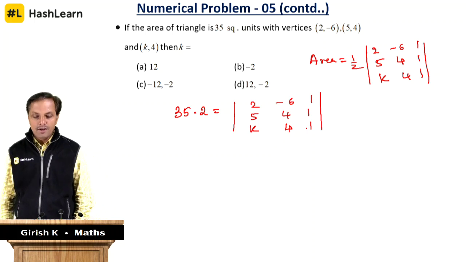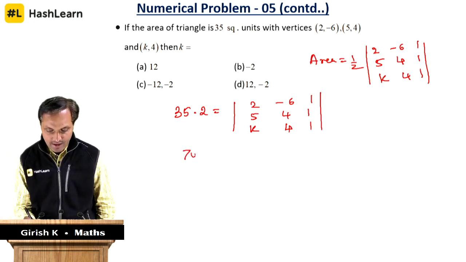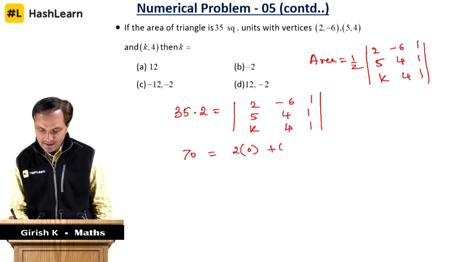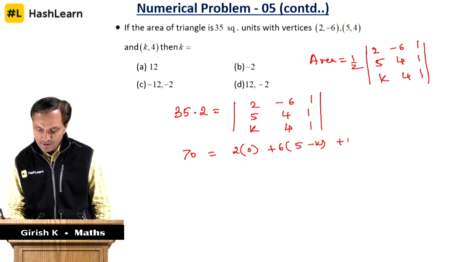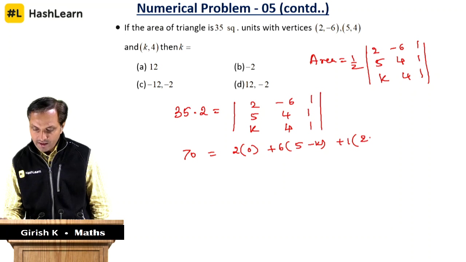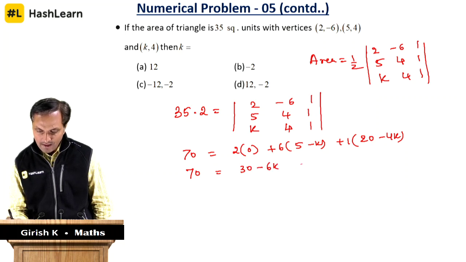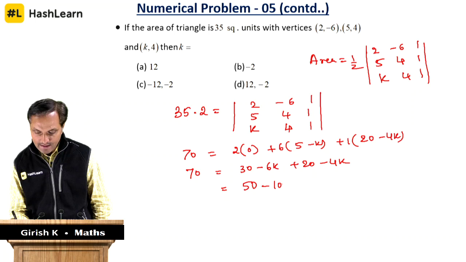If you do the simplification, this is 70. That will give you 2 into 0 plus 6 into 5 minus K plus 1 into 20 minus 4K. So 70 is equal to 30 minus 6K plus 20 minus 4K. Or you can say this is 50 minus 10K.